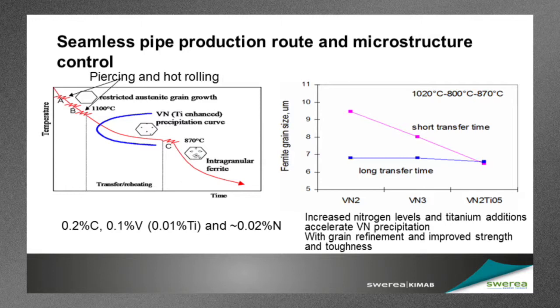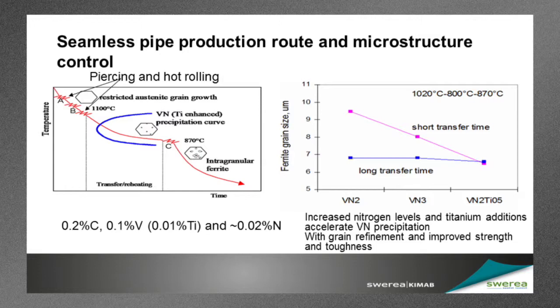This can be enhanced, as I said earlier, if we have titanium in the steel. And the effect of this is shown on the right-hand picture here, where the ferrite grain size is shown for 3 steels with a lower and a higher nitrogen content, VN2, VN3, and a vanadium steel containing some titanium as well.